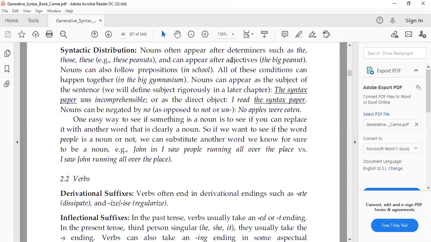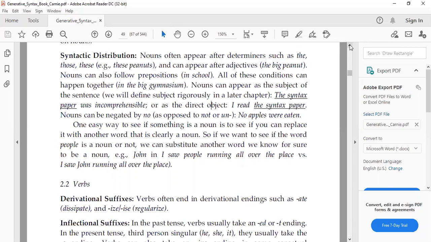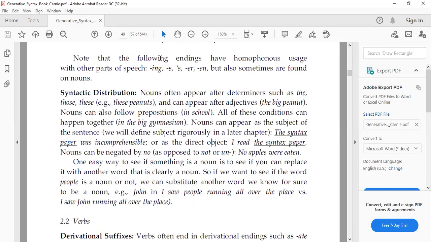There's just one point before we move to verbs, everyone. Be careful sometimes about homophonous usage with other parts of speech. ING can be what? ING can be a derivational suffix for a noun or a verb or an adjective sometimes.